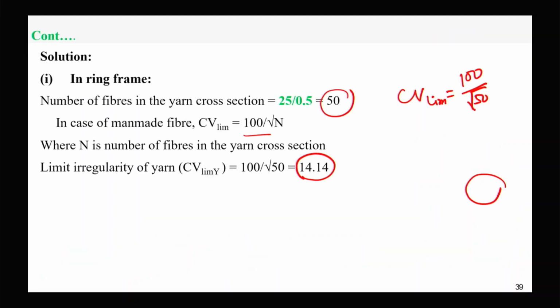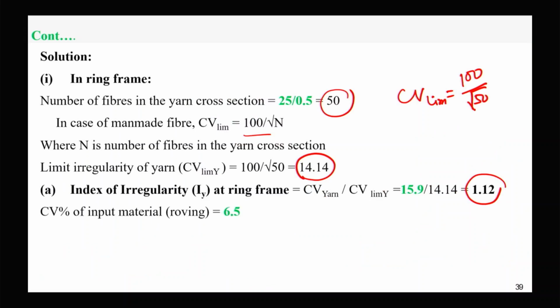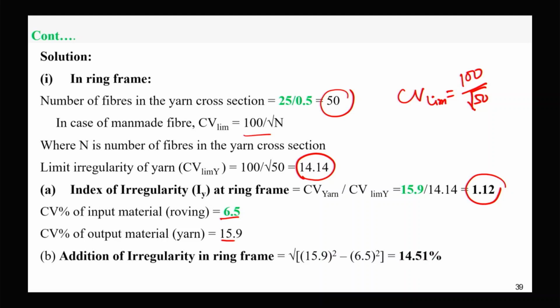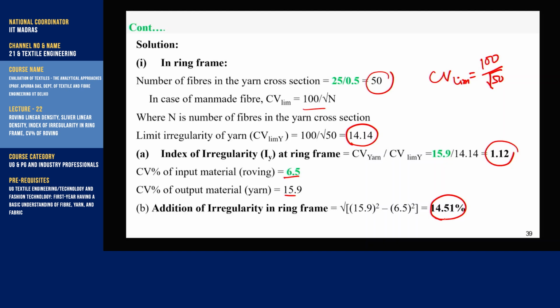So roving is 6.5. So if we see, 14.51 is the CV percent added at the ring frame.